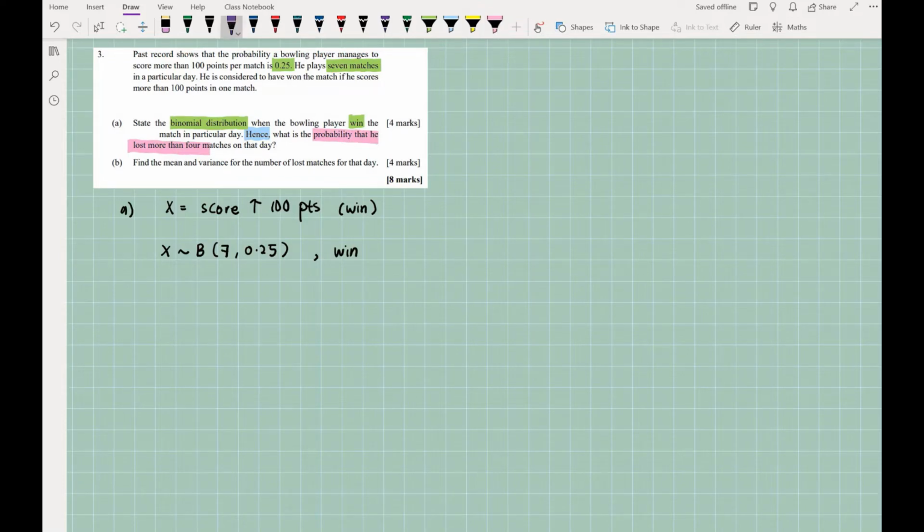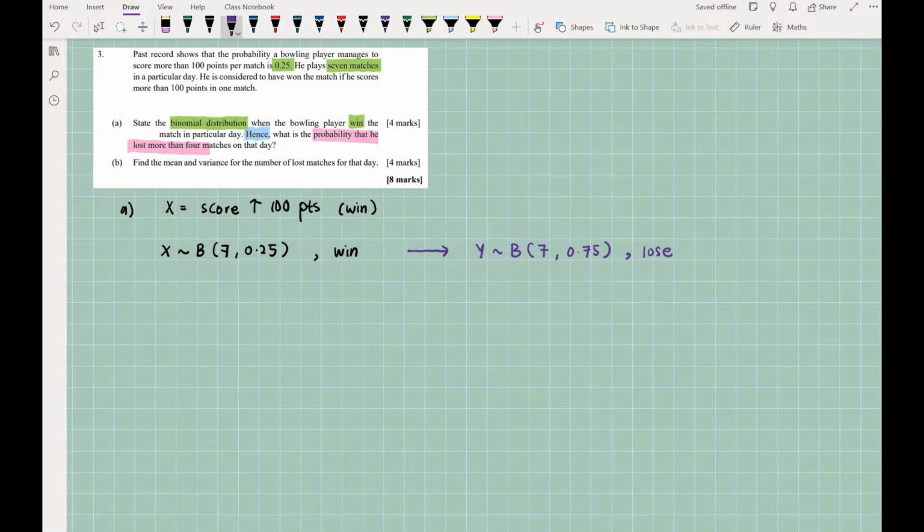So, apa yang kita kena buat di sini adalah, one thing that you need to remember, ni adalah probability win. So, if I can change that kepada Y, yang mana Y is still a binomial distribution with 7 trial. But now, probability of success saya akan jadi probability of losing the game, meaning getting less than 100 points. So, that will be 0.75. This is untuk dia lose. Okay, so why do I do this?